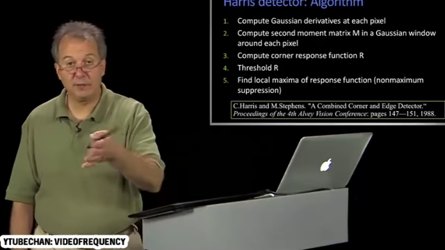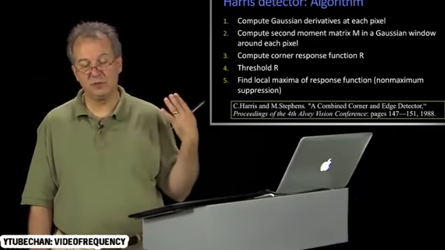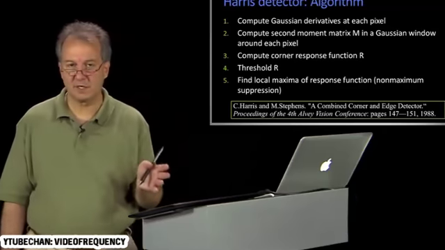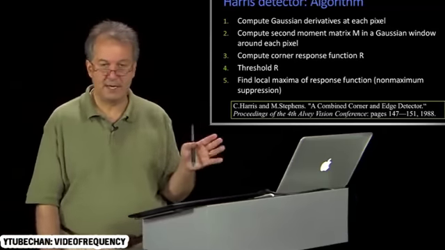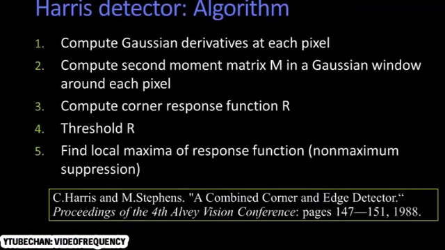All right, so here is the simple Harris detector algorithm, courtesy 1988, still used a lot today. We're going to talk about different versions of it going forward when we talk about scale and other things, but for now, we're just going to talk about this. Here's the basic algorithm. You first compute Gaussian derivatives at each pixel. Remember, you need this Ix and Iy, and we've talked all about how to do derivatives, where you take the derivative of the Gaussian operator, apply that, and you get back your nice image derivatives.